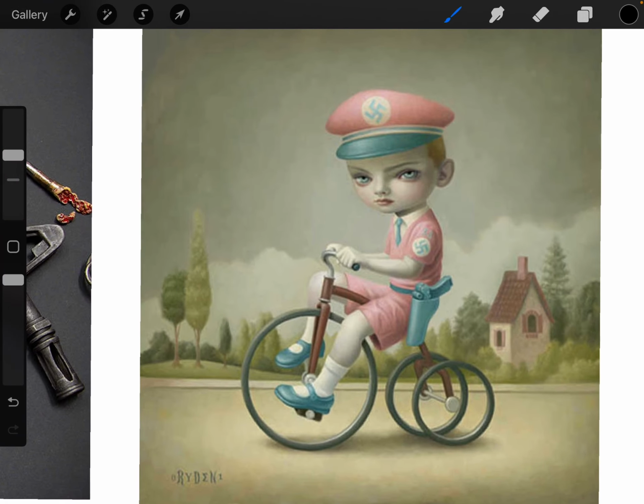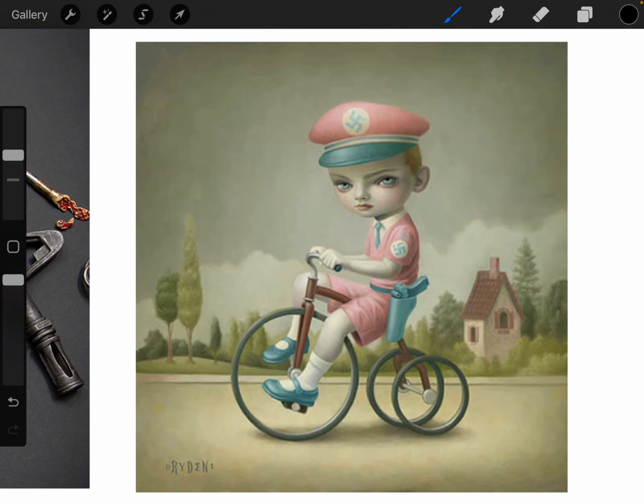And the same thing is happening over here, right? At first glance, it looks pretty, it's just a child on a bicycle. But if you look at it a little bit longer, then it becomes a little bit scary, because he's clearly a little Nazi child with blue eyes and a Nazi gun and a Nazi uniform.